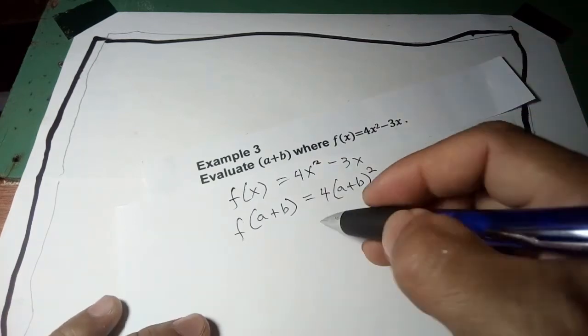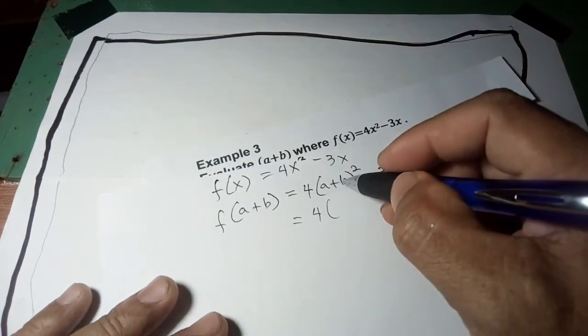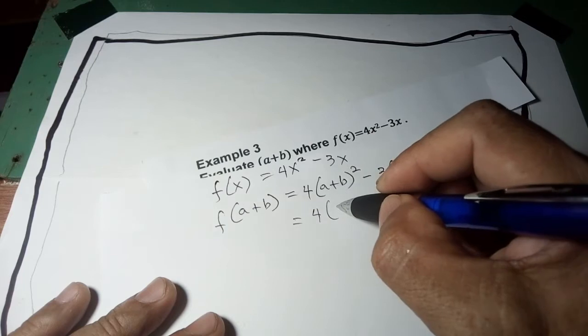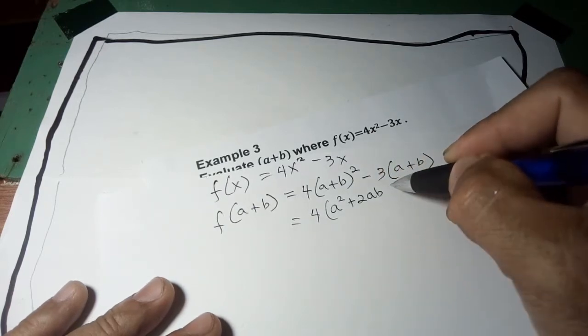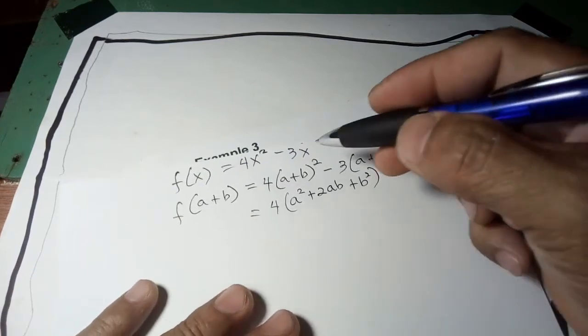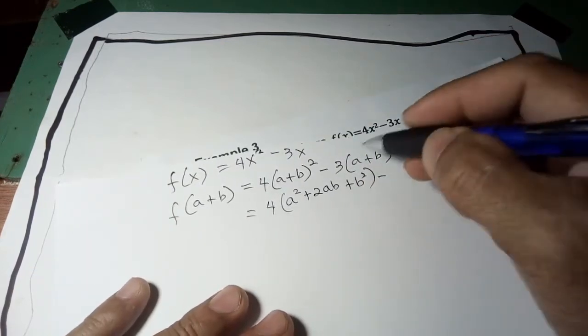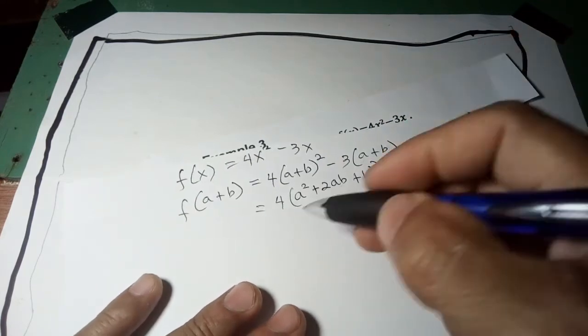Simplify, expand the binomial (a plus b) squared. So this is a squared plus 2 times a times b plus b squared. This is how to expand a binomial. Minus 3 times a, 3a minus 3b.